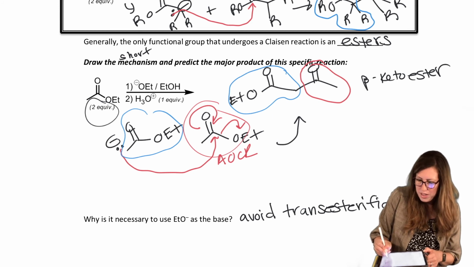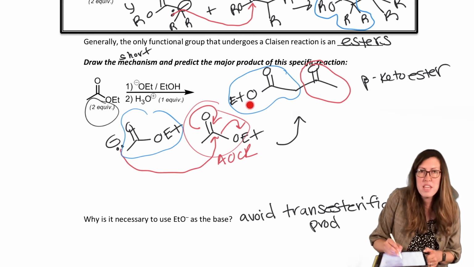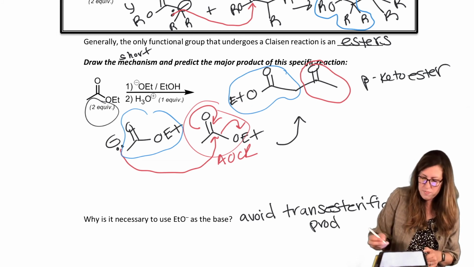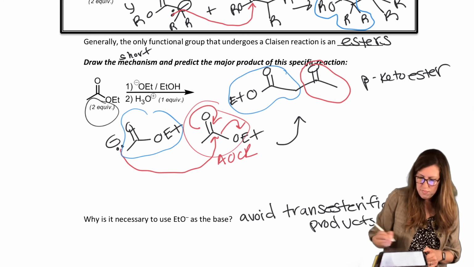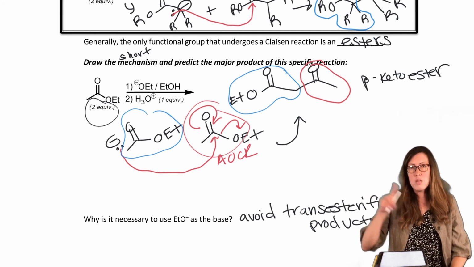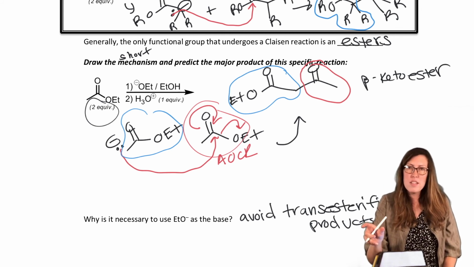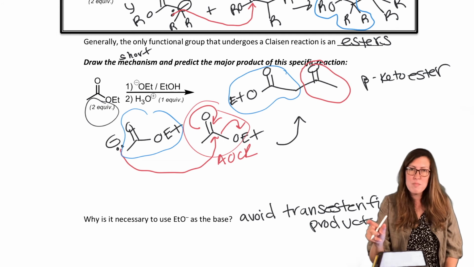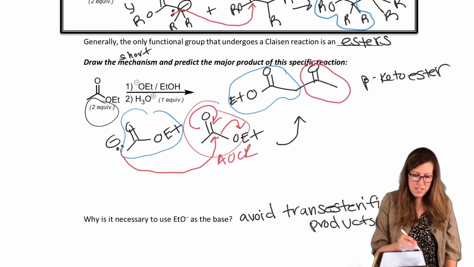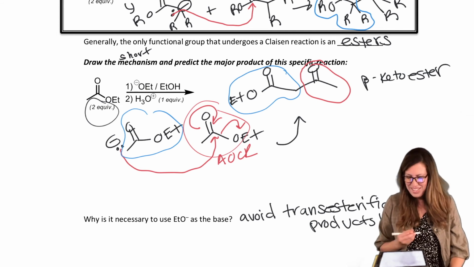In other words, if I had methanol as my base or methoxide, then we would have a whole other unnecessary mess of MeO here instead of just EtO. So when you're going to set up a Claisen, look at what the ester is, what OR it is. Take that OR, make that your base, RO minus. Mixed with the same complementary alcohol that pairs with it so nicely, right?